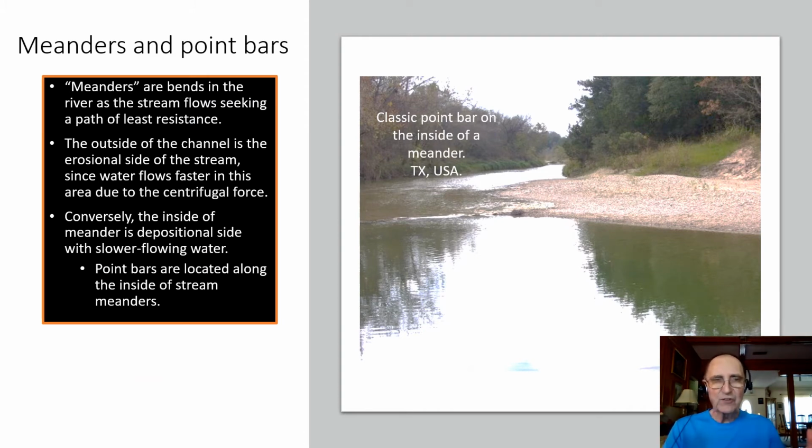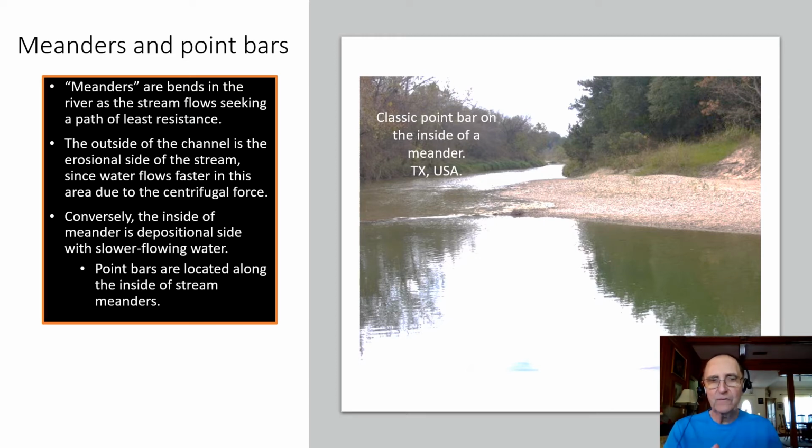Typically, streams and rivers tend to meander and deposit what we call point bars. Well, meanders are bends in the river as the river or stream, as it flows, seeks a path of least resistance. Now, the outside of the river channel is what we call the erosional side. Why? Because water flows faster in this area due to centrifugal force.